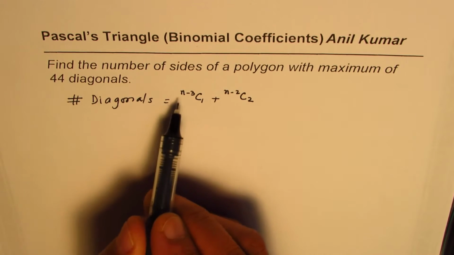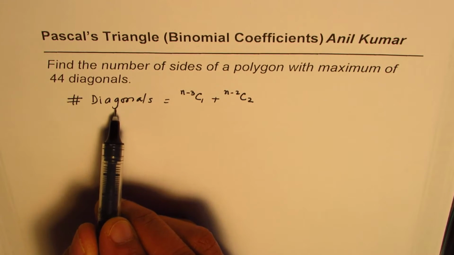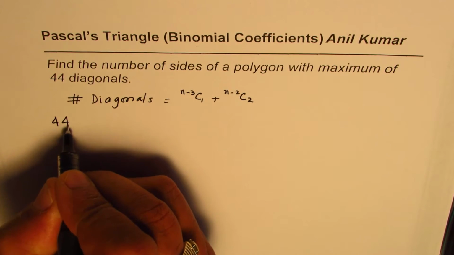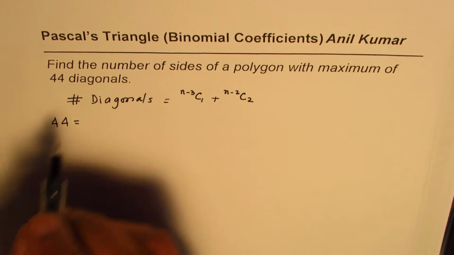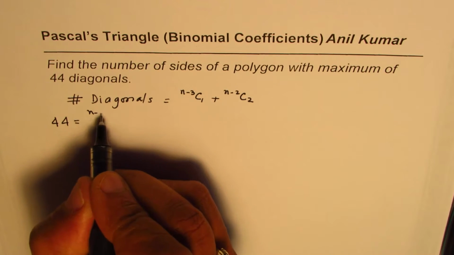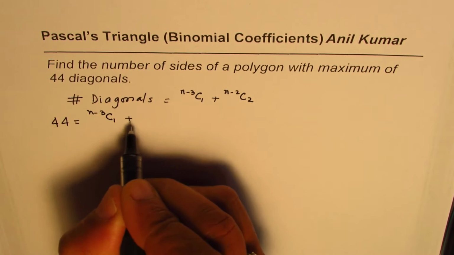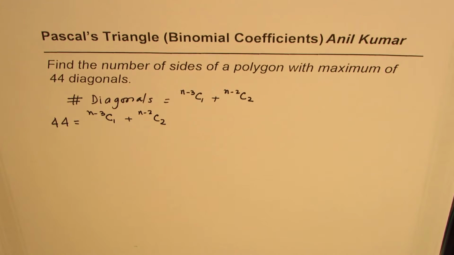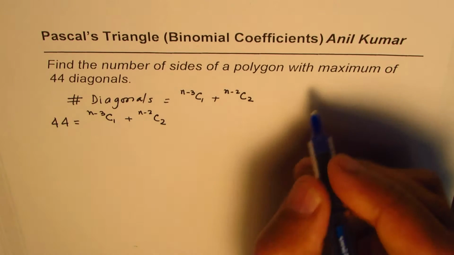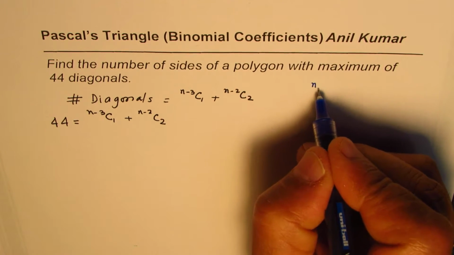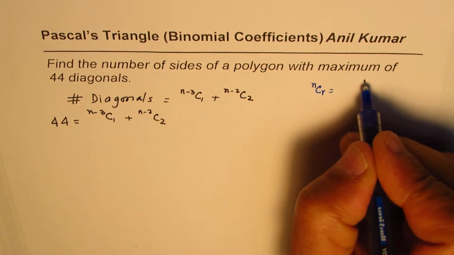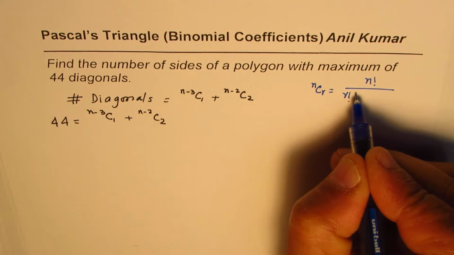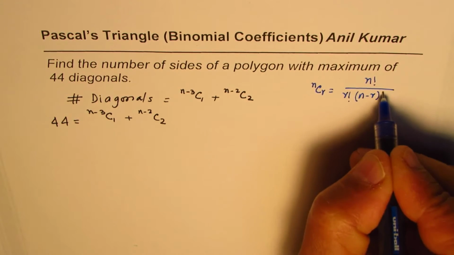So we have to find n, and we are given the number of diagonals, which are 44. So 44, the maximum number of diagonals, could be written as equal to (n-3)C1 + (n-2)C2, where, as you know, the binomial coefficient nCr is equal to n factorial divided by r factorial times (n-r) factorial, right?